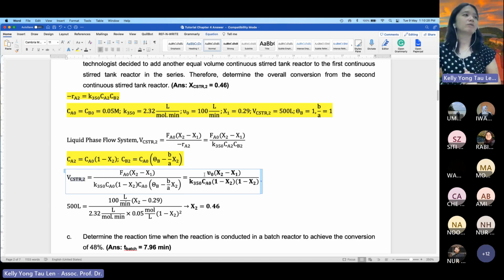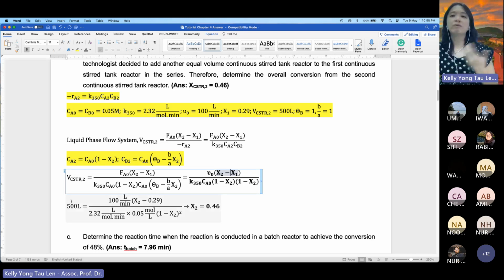Right hand side epsilon 0, 100 liter per minute from the question. X2 I want to find. X1 is the conversion we calculated in part A in the first reactor, which is 0.29. K, the one that we calculated previously at 350 Kelvin, which is 2.32. CA0 question given 0.05. And then belakang ni, you have to solve lah.